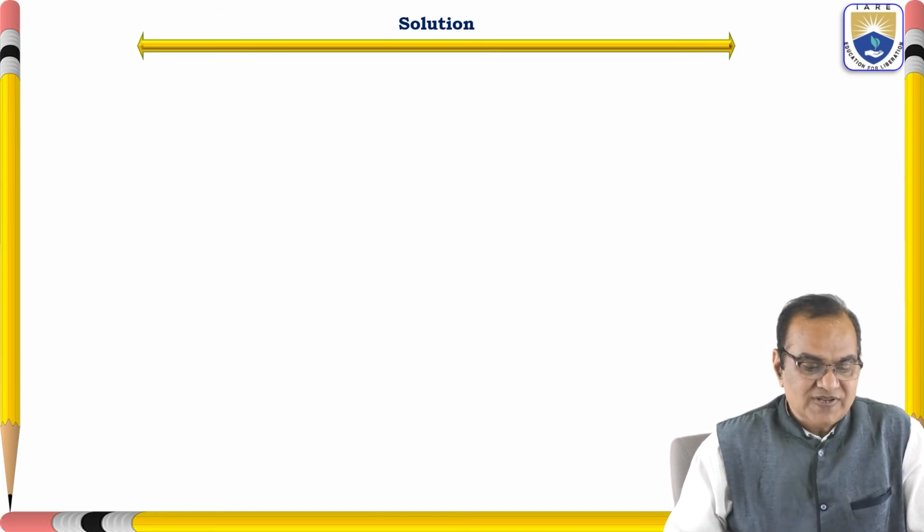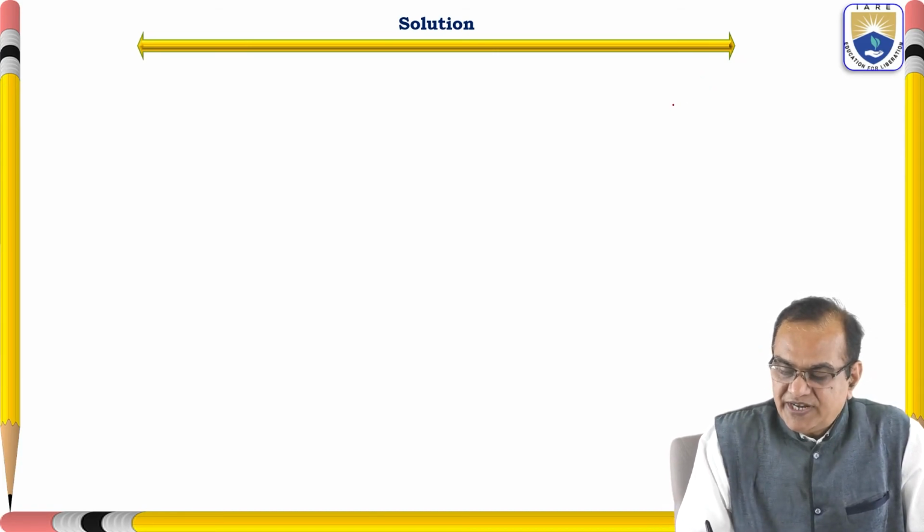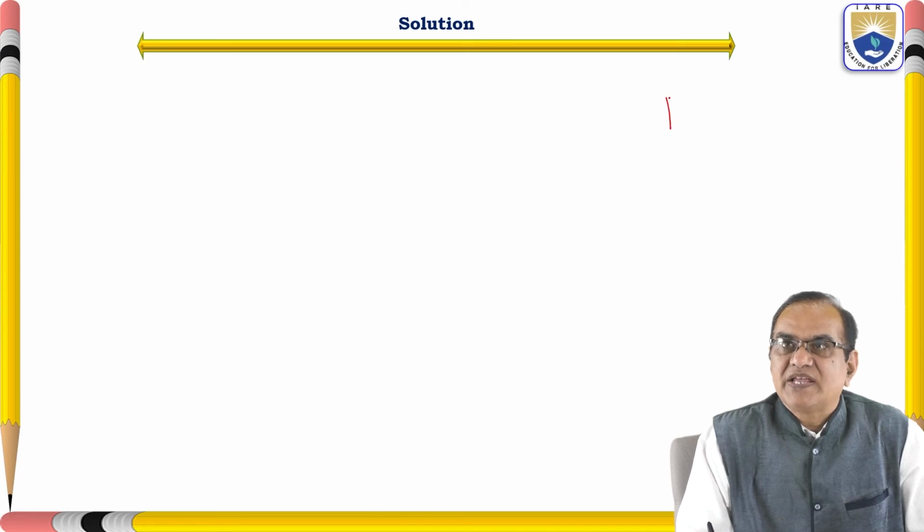So now I will draw the free body diagram of this system, as we have done previously. This is the piston.